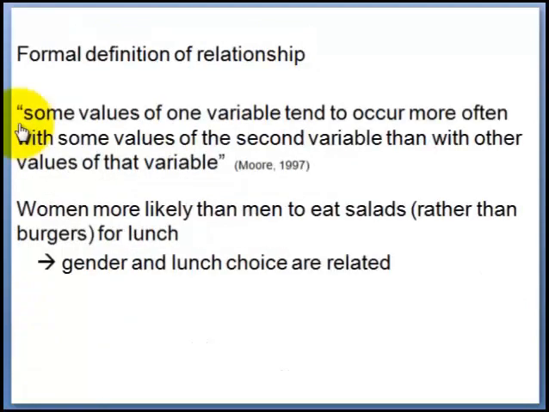Here's a definition of relationship that's more formal. Some values of one variable tend to occur more often with some values of the second variable than with other values of that second variable. So if, for instance, women are more likely than men to eat salads rather than burgers for lunch, we can say that gender and lunch are related.